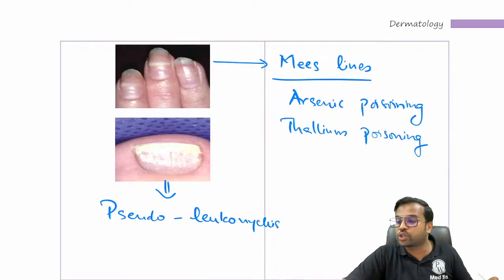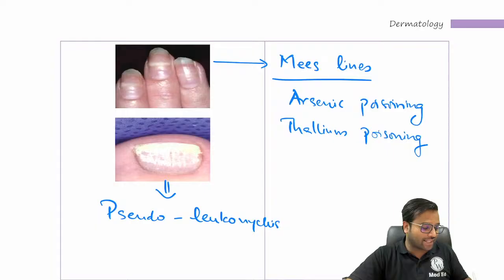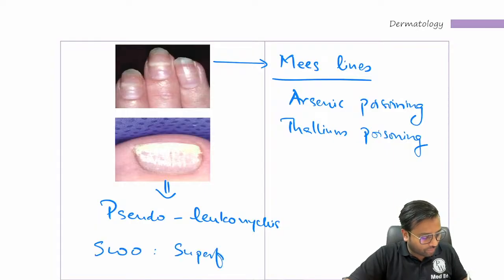Why is this pseudo? Yes, very good. I'm getting a more specific answer in the chat box. Amazing level of preparation. Okay. So this is called SWO, that is superficial white onychomycosis.